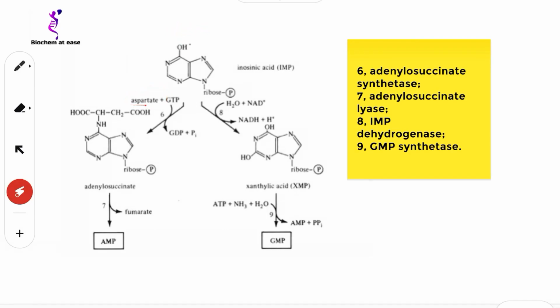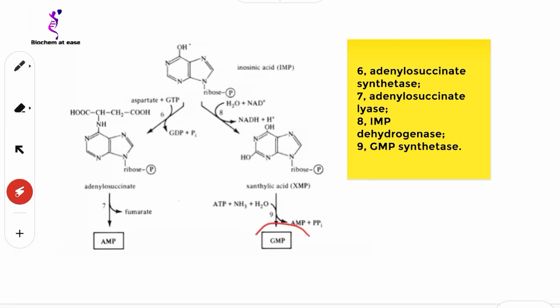Aspartate acts as the donor of the amino group, so aspartate first condenses on this molecule and then it releases fumarate. The condensation reaction is catalyzed by the enzyme adenylosuccinate synthetase, and it is followed by the removal of fumarate, which is catalyzed by adenylosuccinate lyase, the enzyme we have already seen in the earlier steps. So in this way AMP is synthesized.